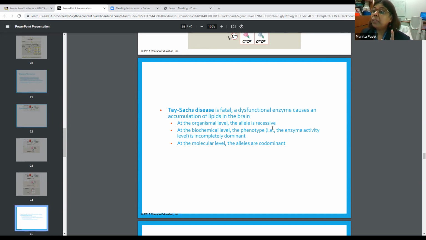The allele is recessive. At the biochemical level, the phenotype, that is the enzyme activity, is incompletely dominant. And at the molecular level, the alleles are codominant. So this is an important slide to take note of these terms.